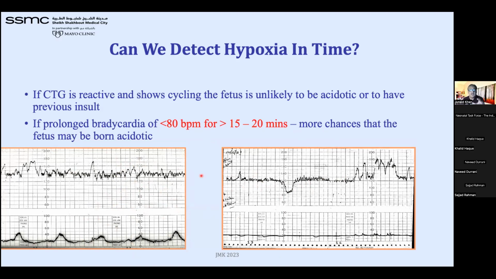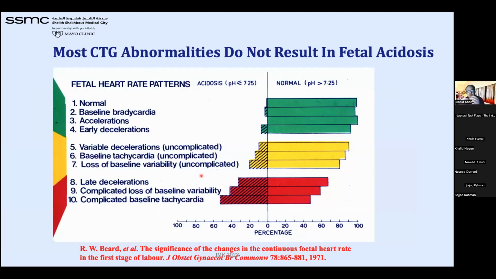But the good thing is that if you are doing good CTG tracing, most of them in the green zone, which is normal pH 7.25, baseline bradycardia, acceleration, early deceleration, only very few come to less than 7.25. Similarly in the yellow zone, variable deceleration, baseline tachycardia, loss of baseline variability, only very few come to less than pH 7.25.